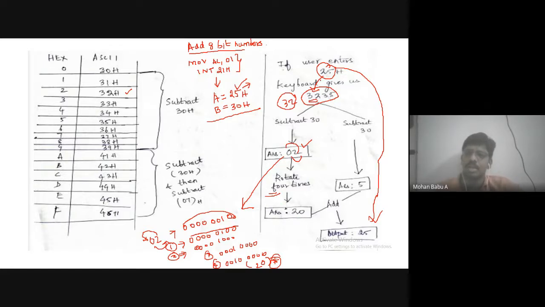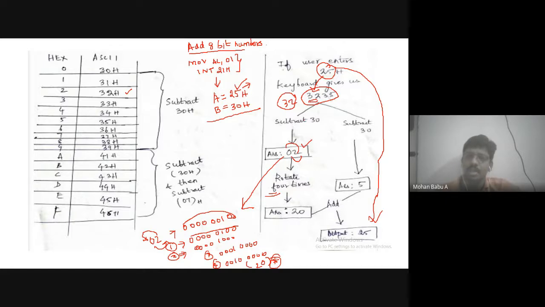So the thing here is, if the user enters an 8-bit number on the keyboard, this will give the ASCII equivalent for this number. But the program will not accept the ASCII equivalent. So we will need to convert the ASCII number back to the original number. That means we will need to do some computations in the 8086 microprocessor to get the original number back to the program.